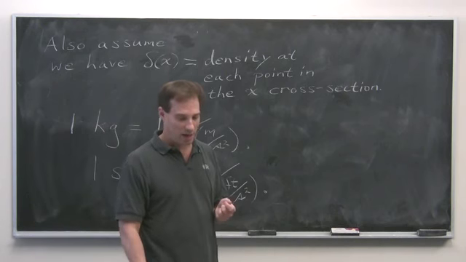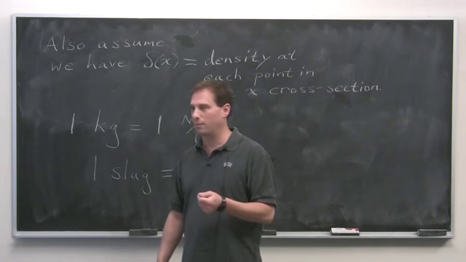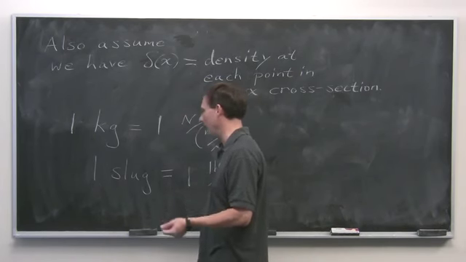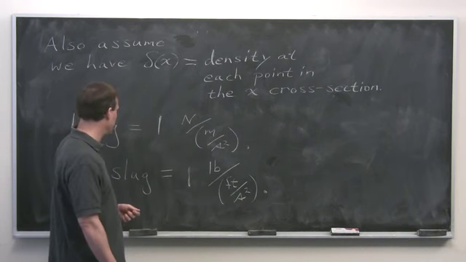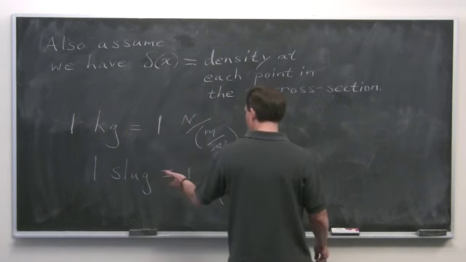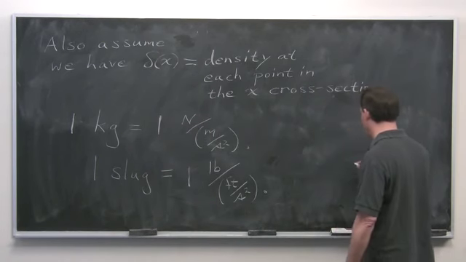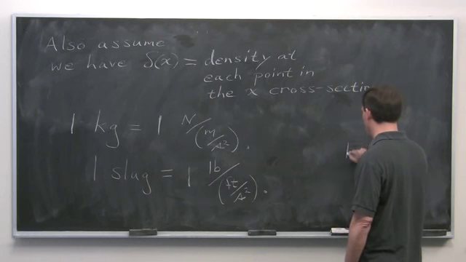Some people talk about a pound mass. I will not. A pound mass is the amount of mass that would weigh 1 pound. I will not deal with a pound mass. So in complete analogy with the metric system, how much does a slug weigh?